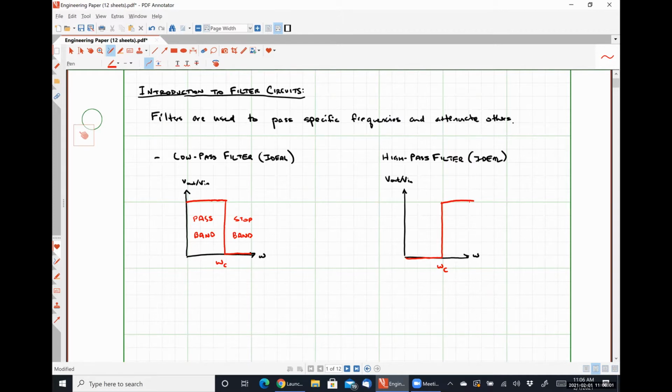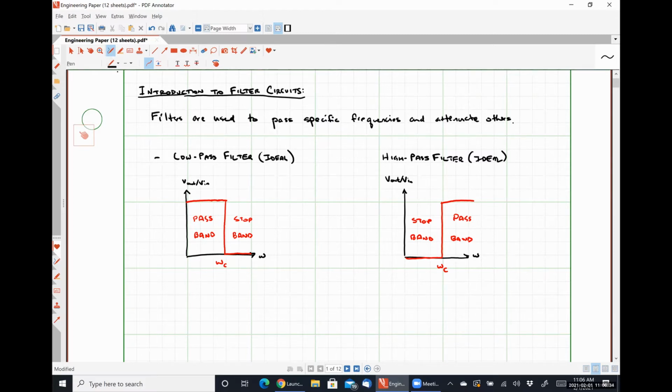So every frequency below omega c constitutes our stop band, and everything above omega c is our pass band. So these are what we can make with simple first order circuits, meaning just resistors and capacitors or inductors.